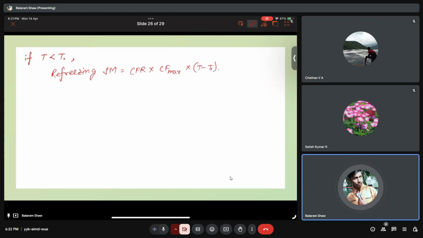Or because here T naught is greater, so it would be T naught minus T, sorry. T naught minus T. Okay, and here this is the refreezing constant.